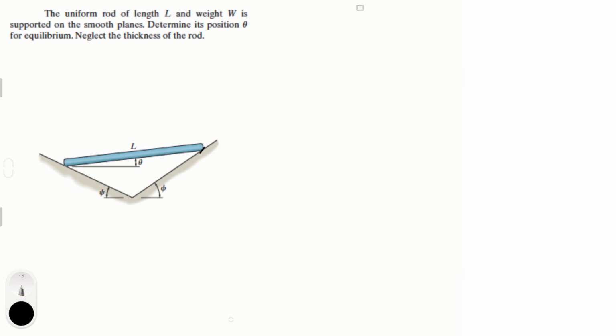So, like I said, this is A. So, sum of the moments about A is equal to 0, assuming counterclockwise is positive, and it's equal to the weight. How to redraw this?